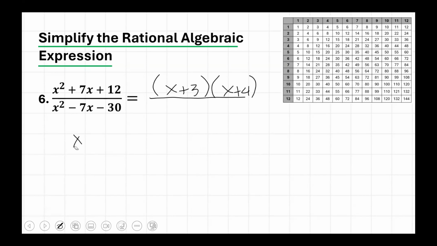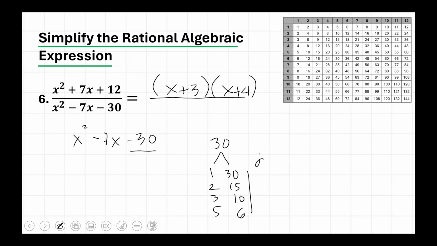For the denominator, we have x squared minus 7x minus 30. And the factors of 30 are 1 times 30, 2 times 15, 3 times 10, and 5 times 6. But since it's negative, we need to get the difference. We have 29, 13, 7, and 1.